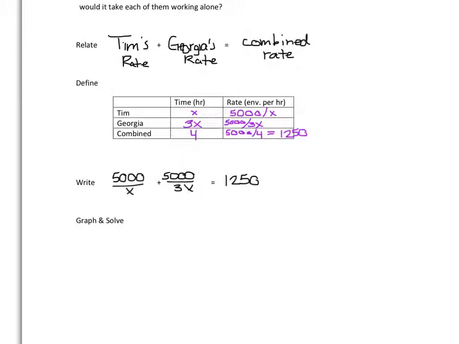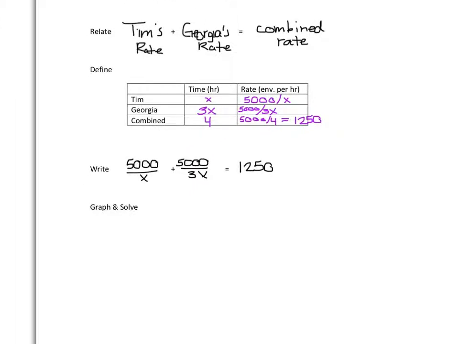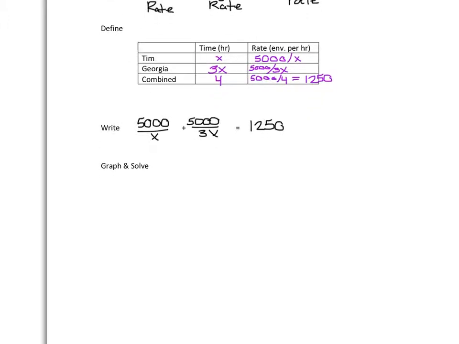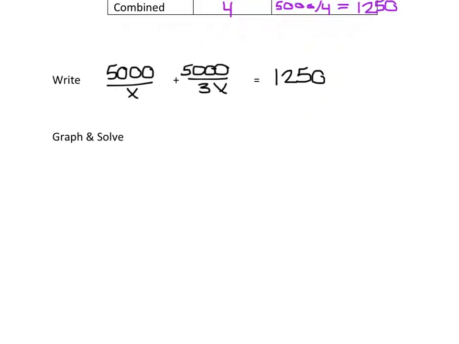So if we solve this, then we will get Tim's time, because that's X. We can use that to figure out George's time. So we can do it by hand or by graphing. I'm going to show you by hand first, and then you can do it with graph.